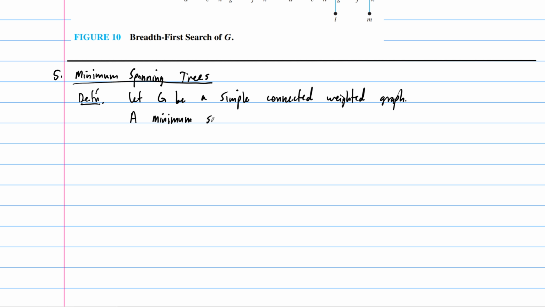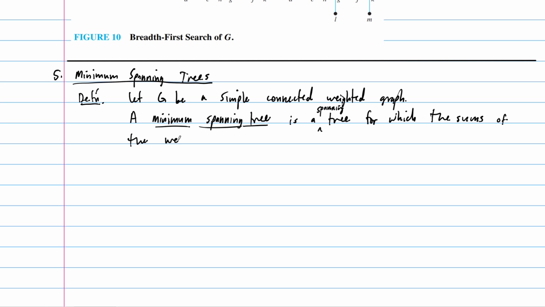So a minimum spanning tree is a spanning tree of G for which the sum of the weights of the edges is minimum. All right. Well, I think that idea makes sense.